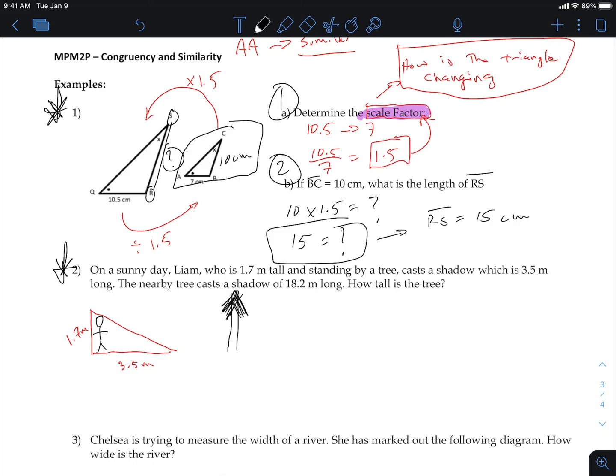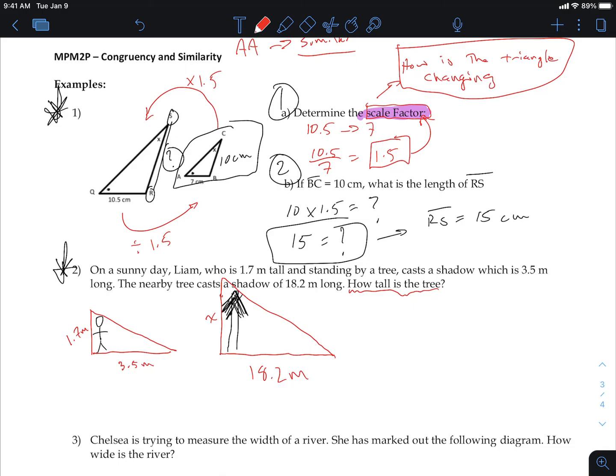Standing next to the tree, we don't know how tall it stands, but we do know how long a shadow it casts. It tells us that it's 18.2 meters long. So, how tall is the tree is the question. We could denote this anything you want: X, H, whatever you want.